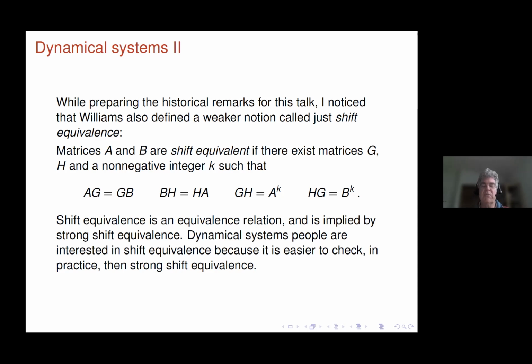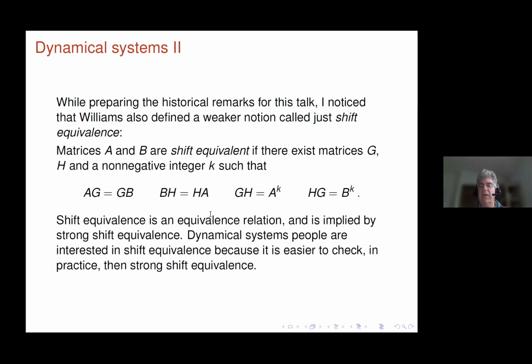Now, if you look at the first 2, those are exactly the conditions for autoconjugacy. And then the second 2, the ones for GH and HG, are additional constraints that are put on the conjugating matrices G and H. Now, shift equivalence, as far as I understand it, does not correspond to an equivalence relation on dynamical systems themselves.